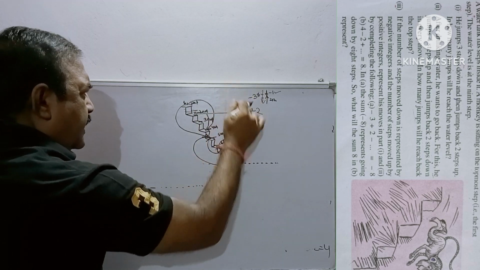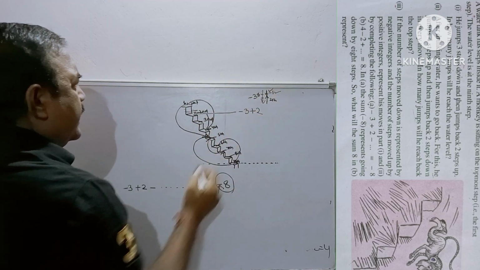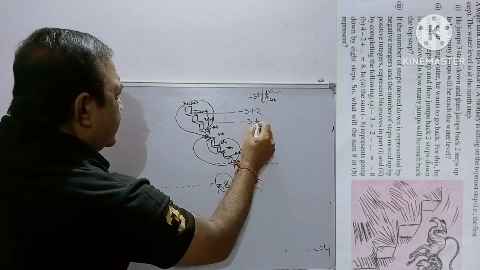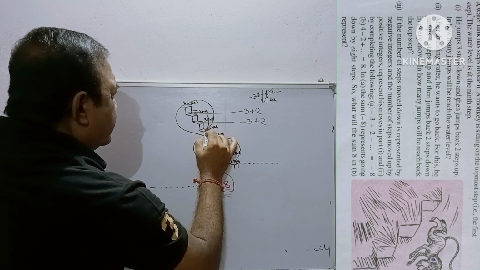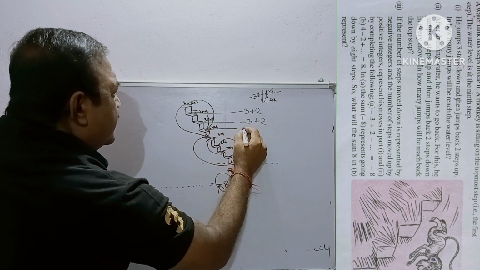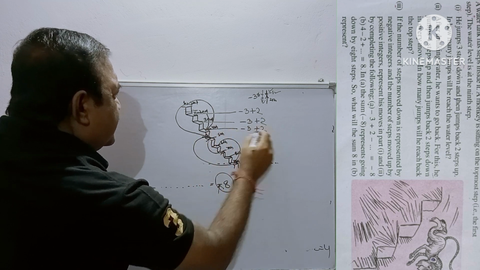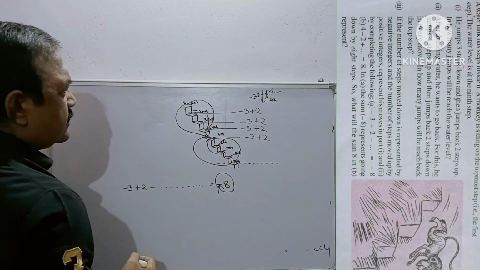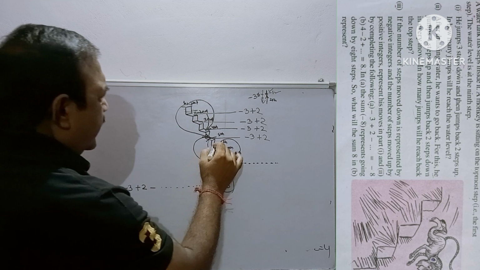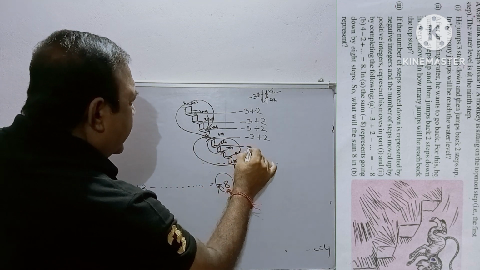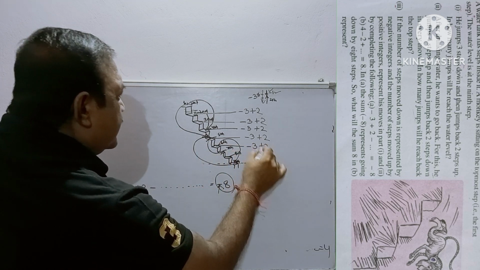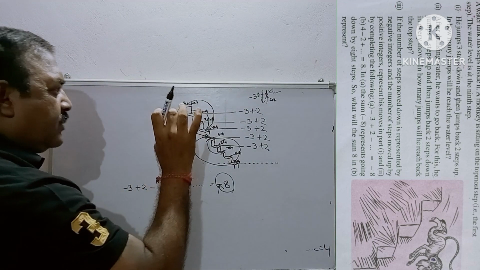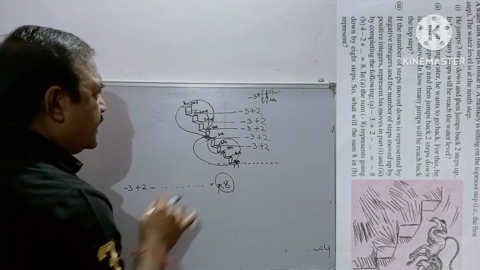For each step moving down, we are putting this minus sign, okay? For this, minus 3 plus 2. When he will be on the 6th step, minus 3 plus 2. Because this addition gives minus 1 step, that means one resultant step, that is downward.